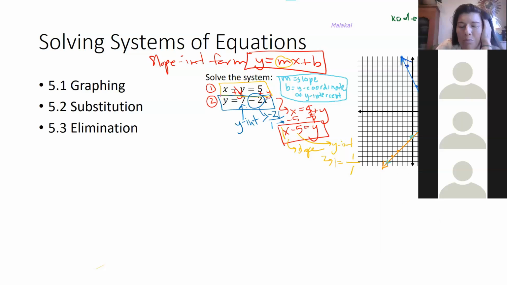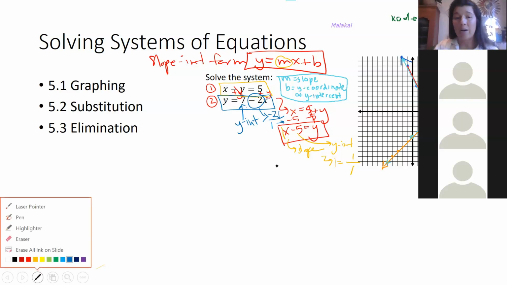I think that the blue line is a little bit off, which is a downfall of using graphing, unfortunately. So I am noticing that if we keep going with that pattern using the slope, they're going to intersect. Yep, beautiful, right there. Okay, what is that coordinate pair where they intersect? Because that is our solution.